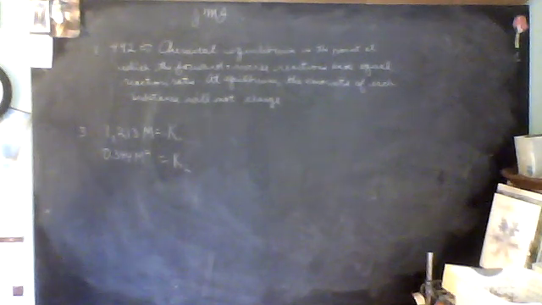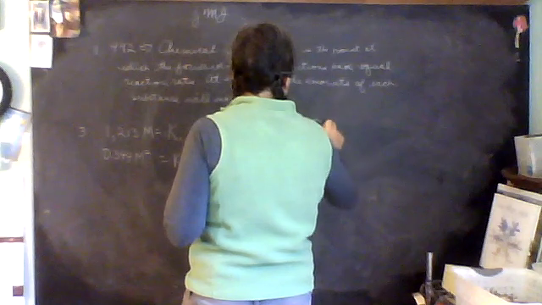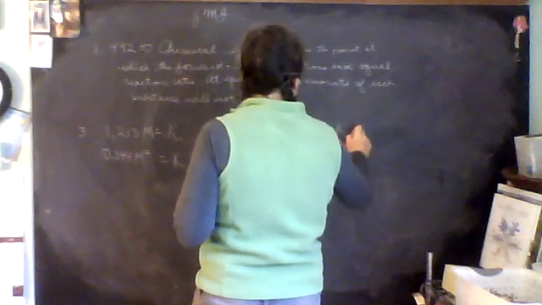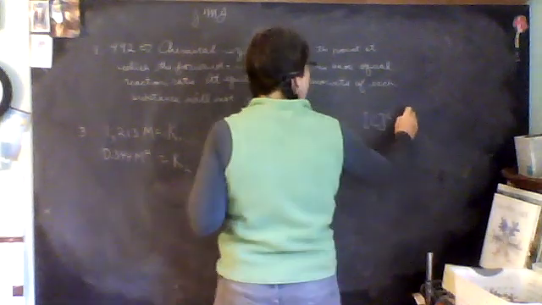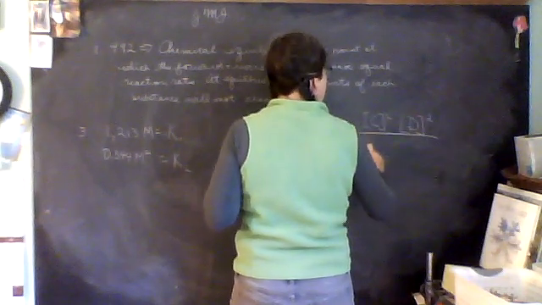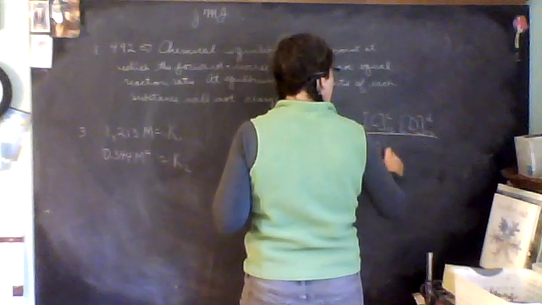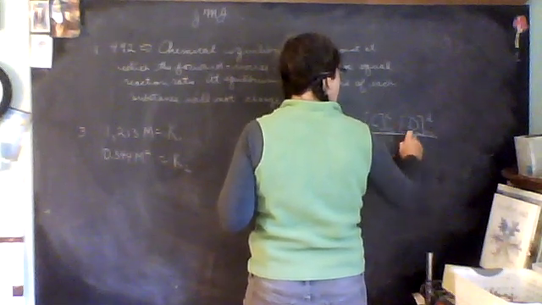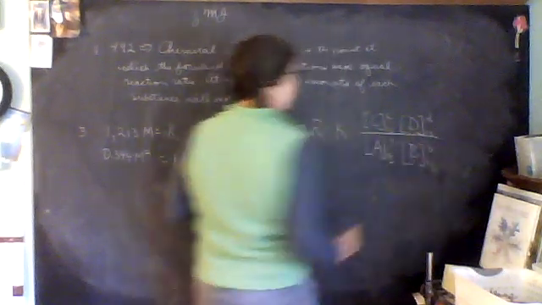How can you tell? So this is the constant. Where do we see the constant? It comes from this equation, right?